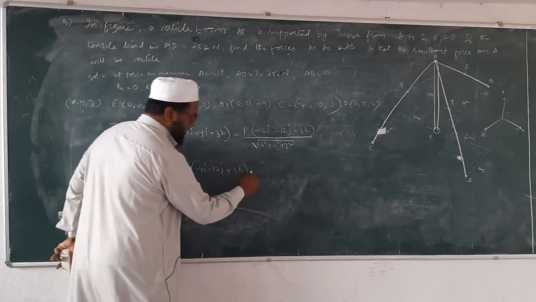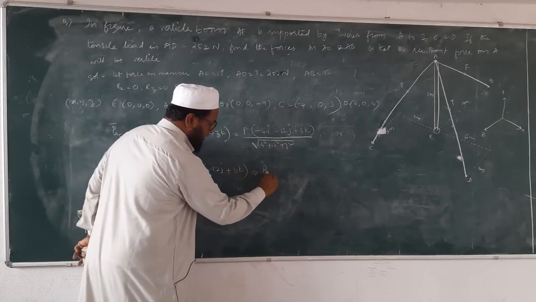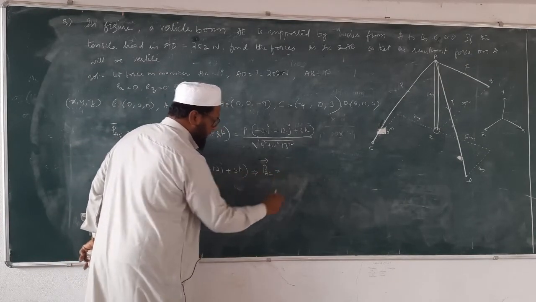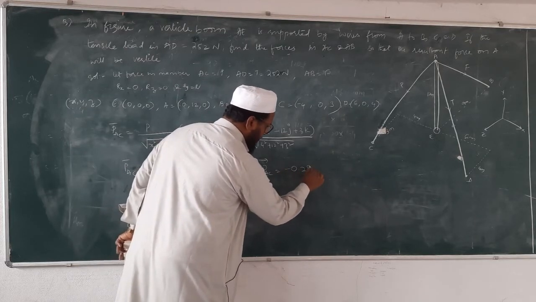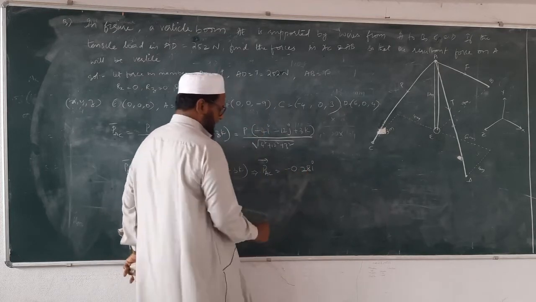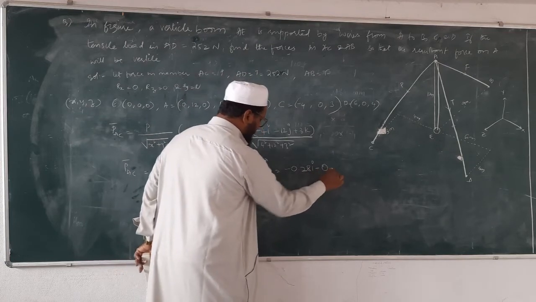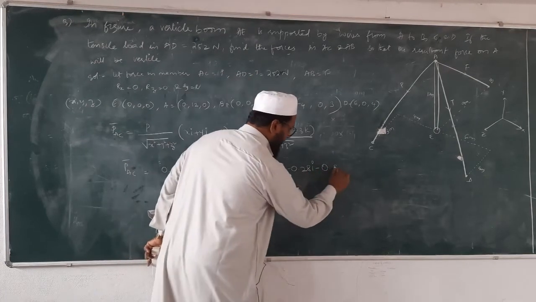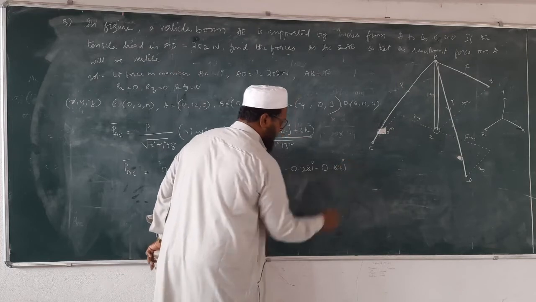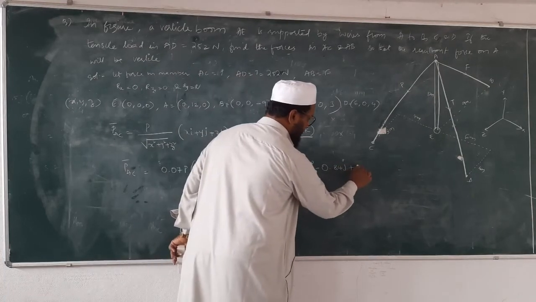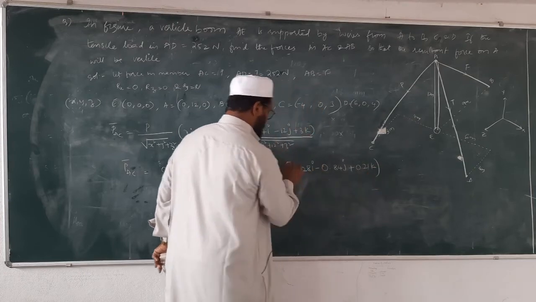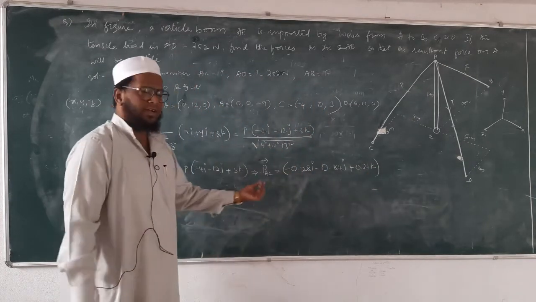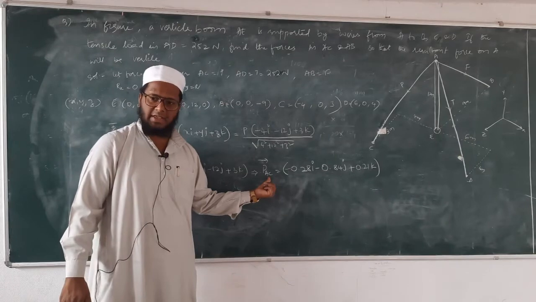So force vector is minus 0.28 I, minus 0.84 J, plus 0.21 K. So this is our force vector PAC.